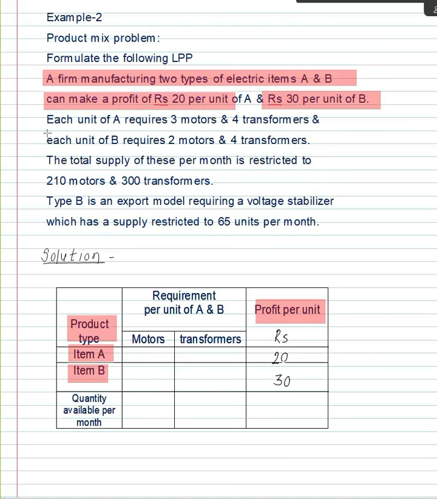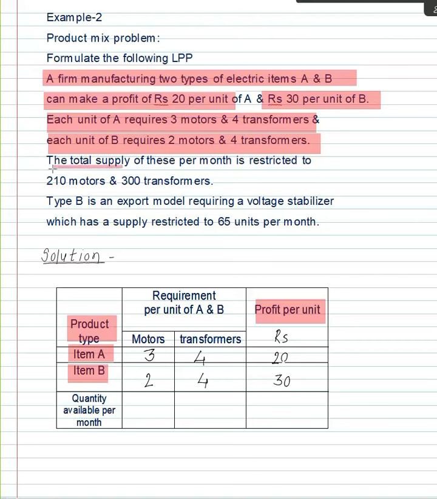Next, each unit of A requires 3 motors and 4 transformers. Whereas each unit of B requires 2 motors and 4 transformers.